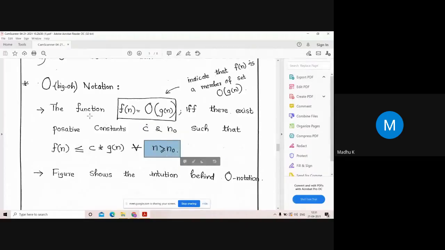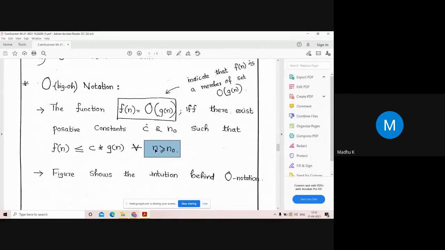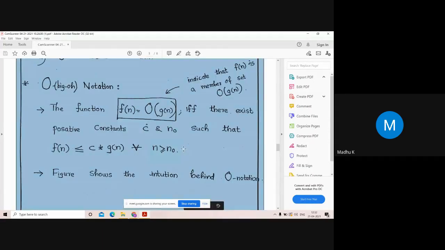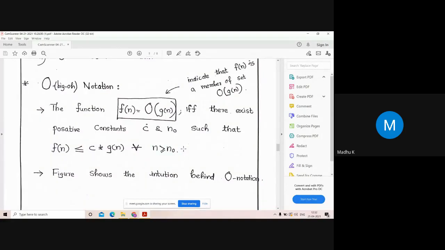So this is the definition of big O notation. F of n is equal to big O of g of n.